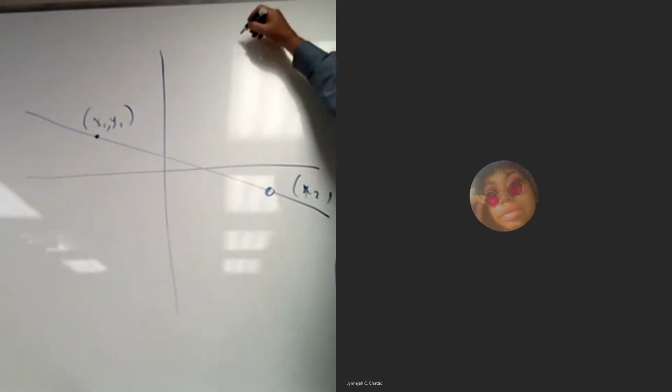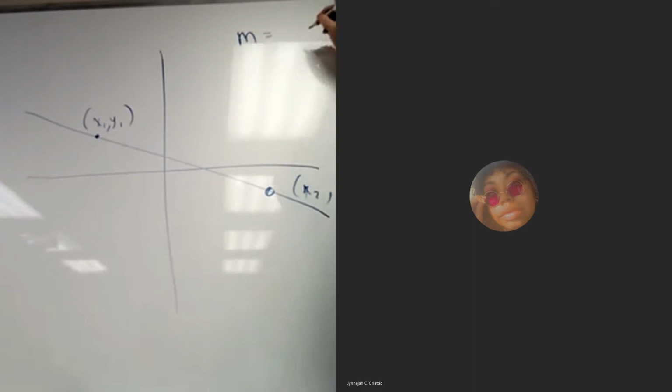I can say slope M equals, let's see, the difference in Y, Y2 minus Y1, that's the change in Y, also known as the rise.